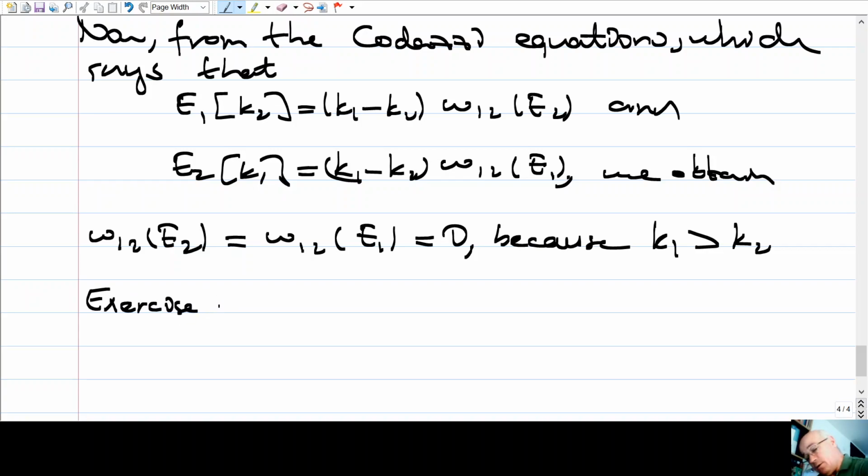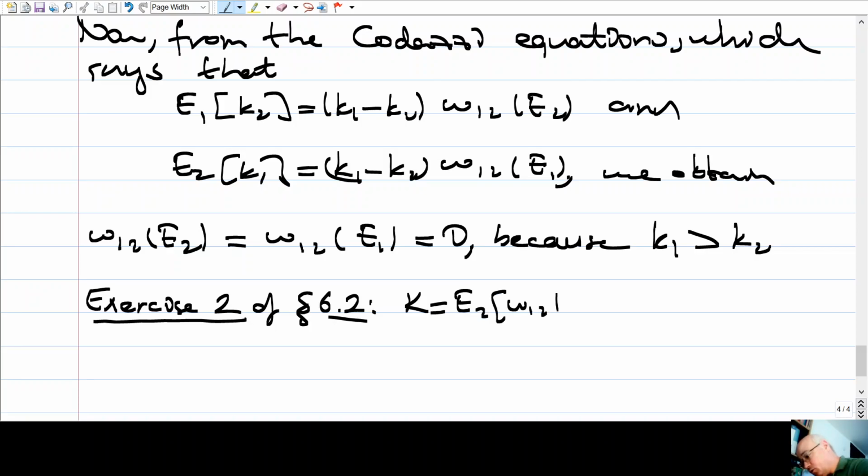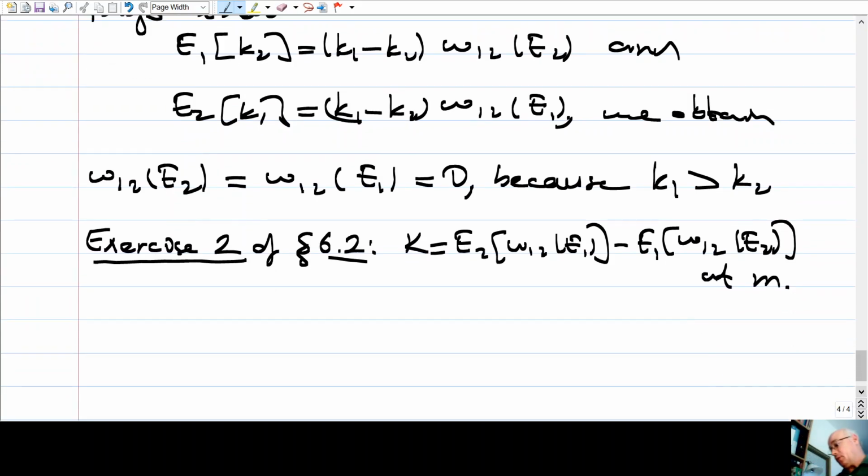Exercise 2 of section 6.2, and it tells us this. Gaussian curvature is E2 of omega 1 2 of E1 minus E1 of omega 1 2 of E2 at the point M. So Gaussian curvature is given by this formula.